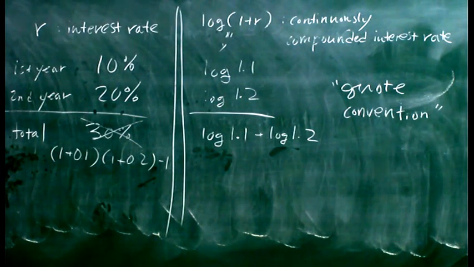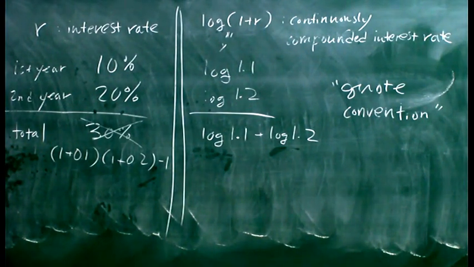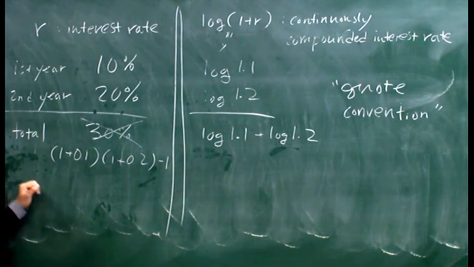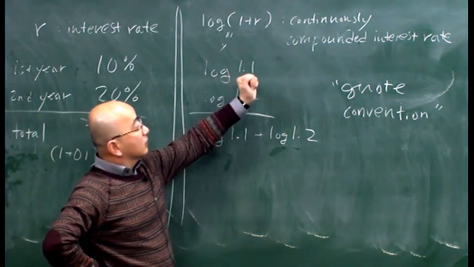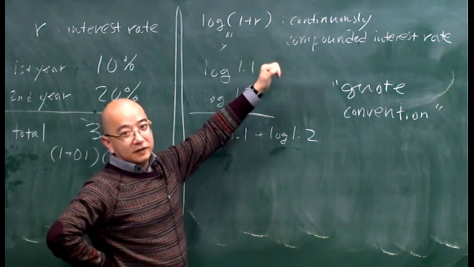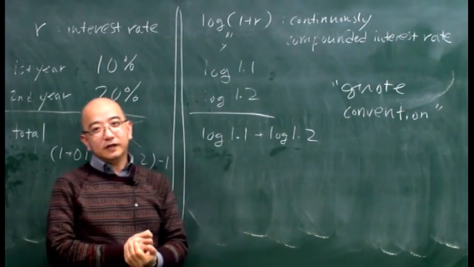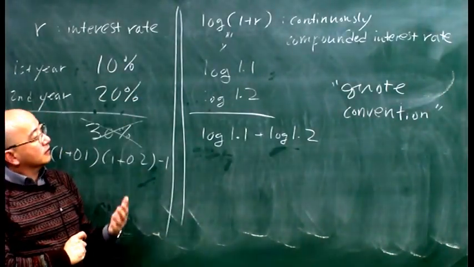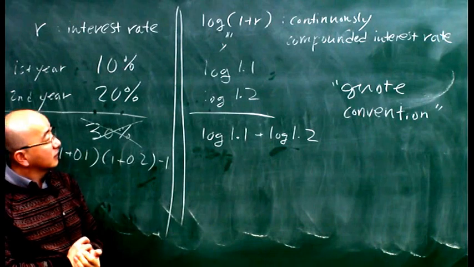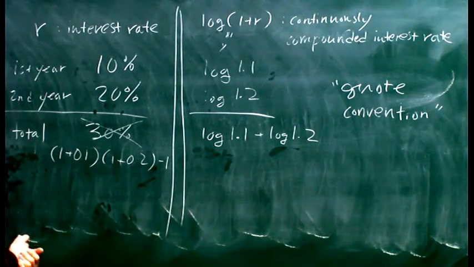Just to clear up possible confusion, when I introduced the concept of the continuously compounded interest rate, I talked about the situation where the interest is paid continuously, little by little, during a certain period.